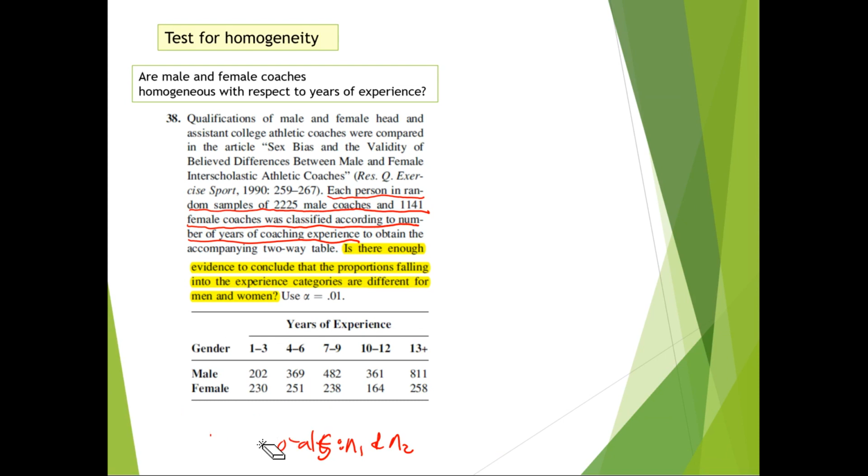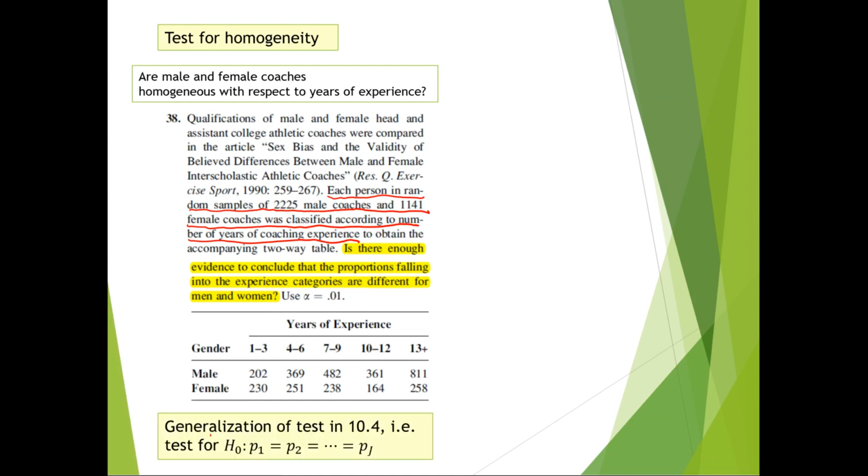And this is an extension of a test that you've done earlier in chapter 10.4, where you compared P1 to P2. Now you're comparing J categories. In this case, 1, 2, 3, 4, 5. You have 5 columns. You have 5 categories that you compare to see whether it's the same.